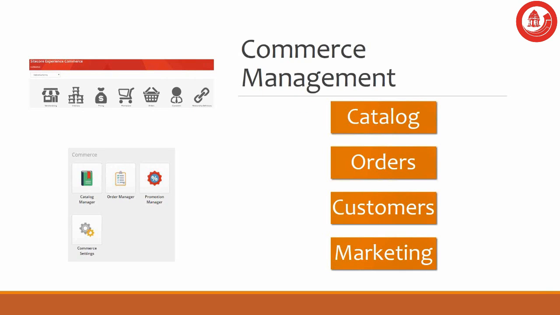This is how some of the commerce management tools look. The typical business management tools would be catalog, orders, customers, and marketing. And I have some screenshots. This is a Sitecore commerce screenshot. That's how this looks. And this is another e-commerce project that I'm working on. As you can see, the catalog manager has become merchandising here, and there is separate inventory management.